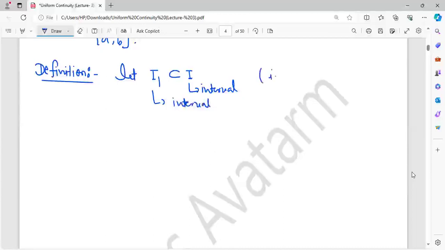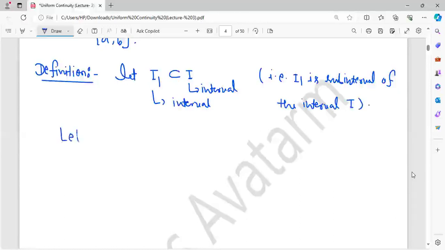It means I1 is a sub-interval of the interval I. Let f1 from I1 to R be a function.